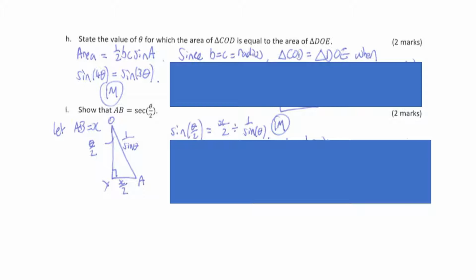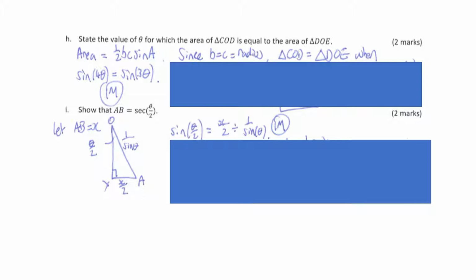Really, COD will be the same area as DOE when sine of 3 theta is equal to sine of 4 theta. Now you can whack that into your CAS, but if you think about it, it actually drops out quite nicely. So 3 theta and 4 theta are both angles less than 180, so we're both talking about positive sine.